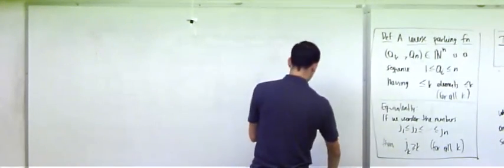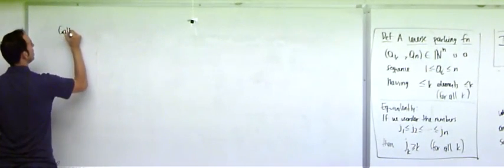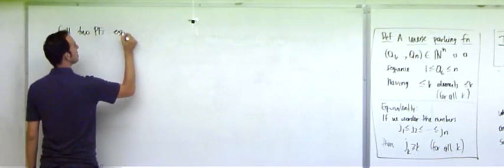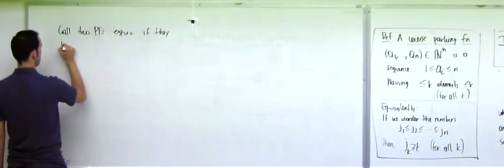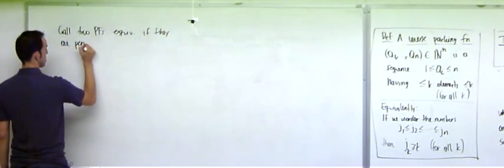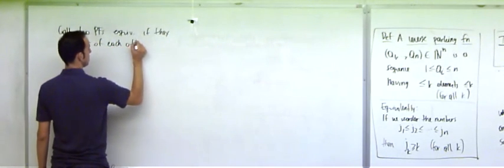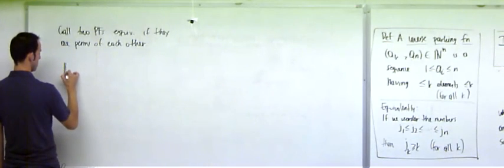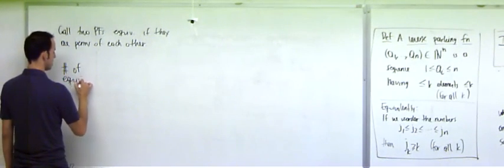So call two parking functions equivalent if they are permutations of each other. Then, what is the number of equivalence classes?